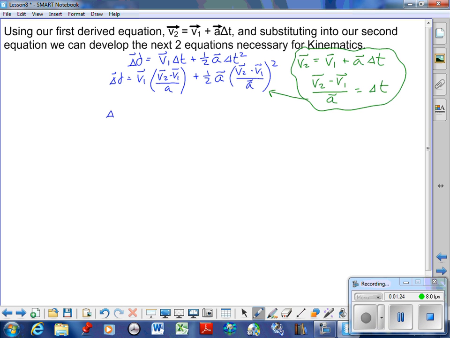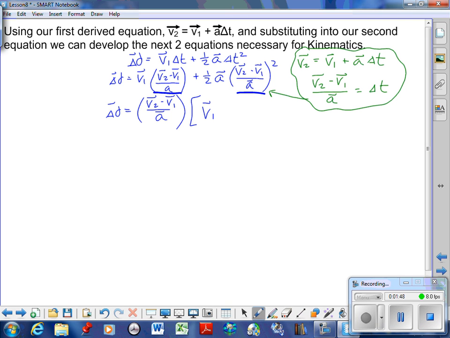So delta D will equal, I'm going to common factor out. Let's try that. I'm going to try common factoring out a V2 minus V1 over A because it's common in both terms. You see here and here. If I do that, what am I left with?